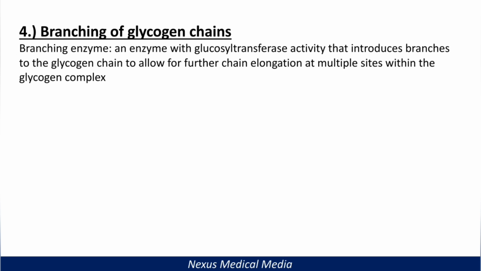It's just one long string with the 1,4-glycosidic bond, but you know, for stabilization it needs branches, right? So the branching enzyme is an enzyme with a glucosyl transferase activity that introduces branches to the glycogen chain to allow for further chain elongation at multiple sites within the glycogen complex, right?